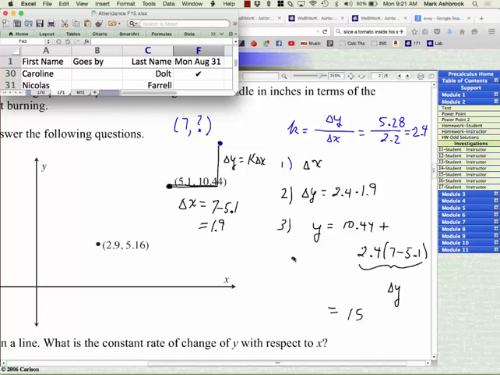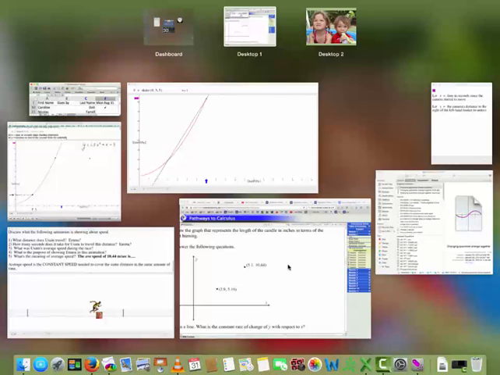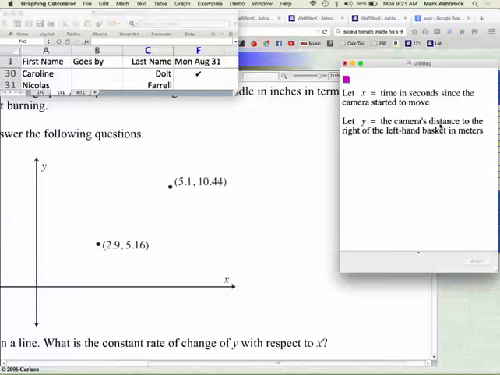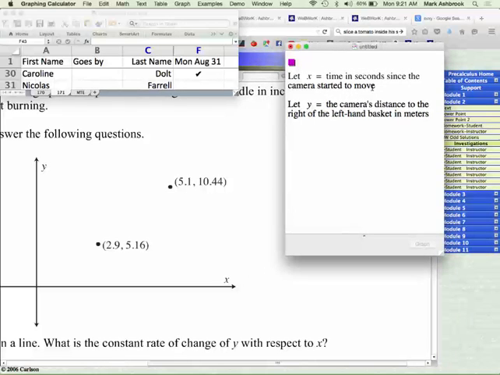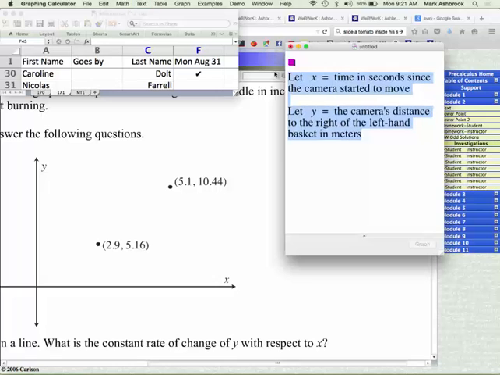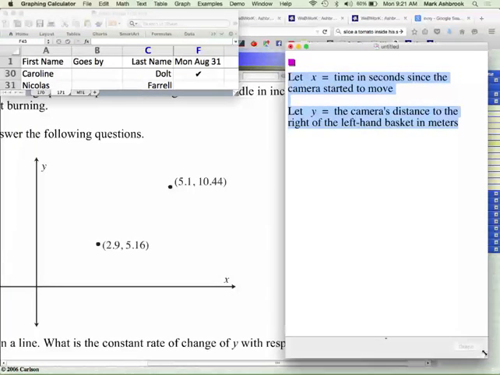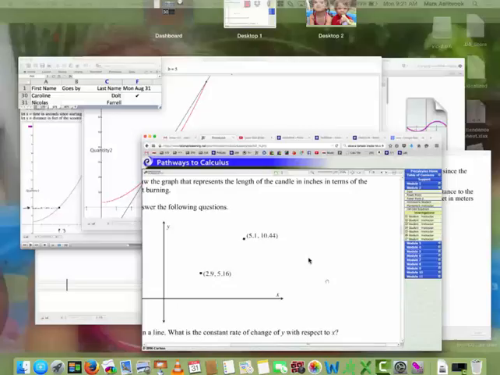Okay? So I want to put a context on this. So same 2 points. So now we got these points here.